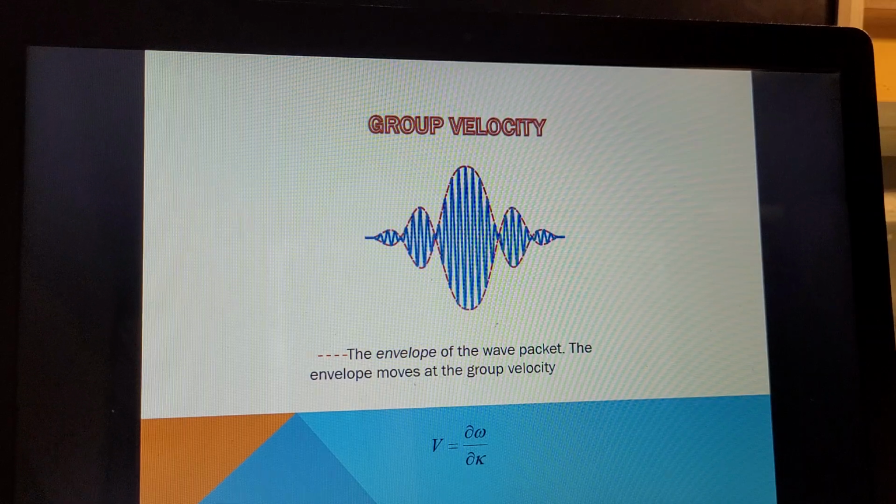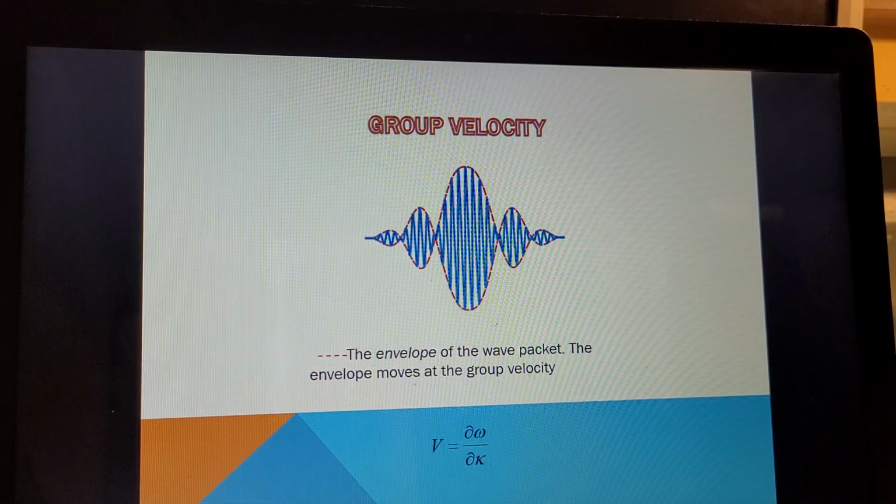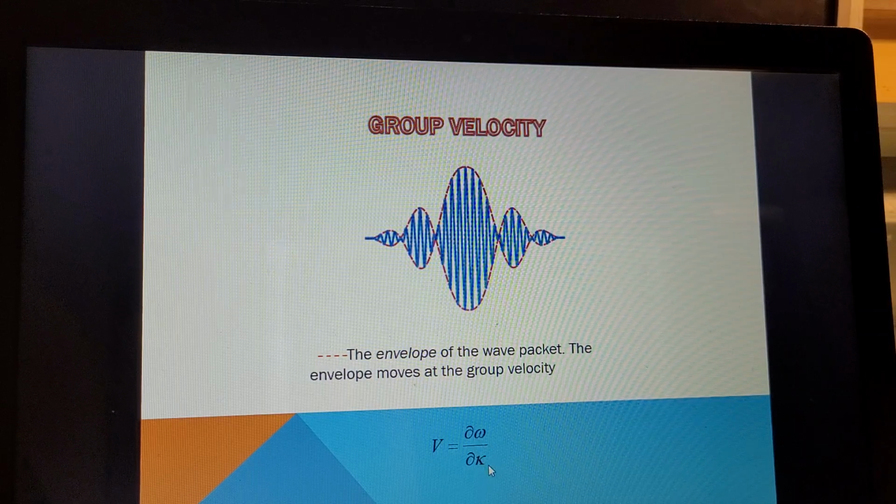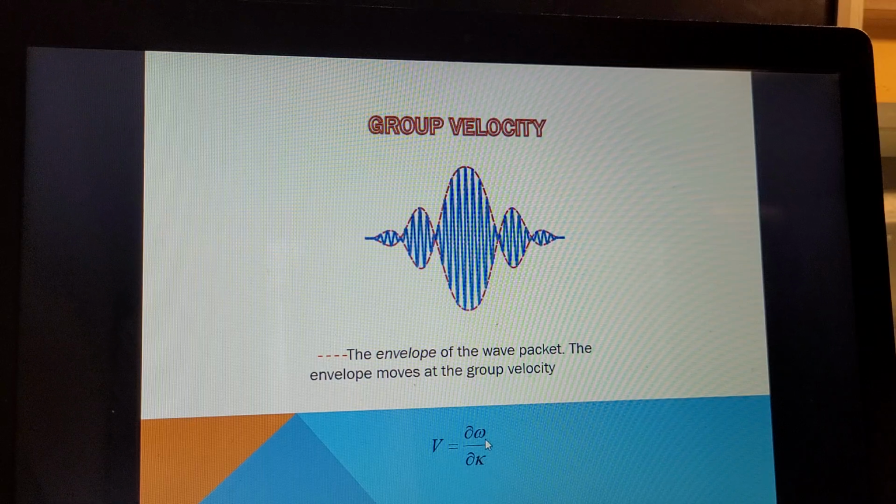And if we consider this wave packet, and if we consider the envelope of this wave packet, the envelope of this wave packet moves at the group velocity. And the group velocity actually can be written in this form. So the partial differential of omega respect to the wave vector. So this is the group velocity.